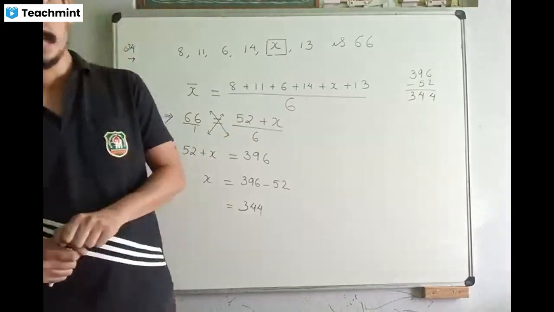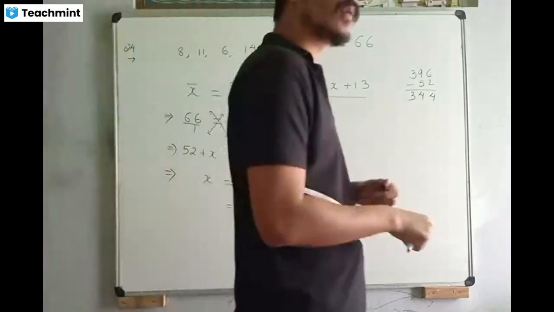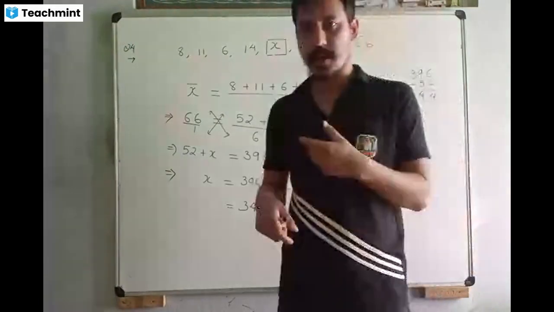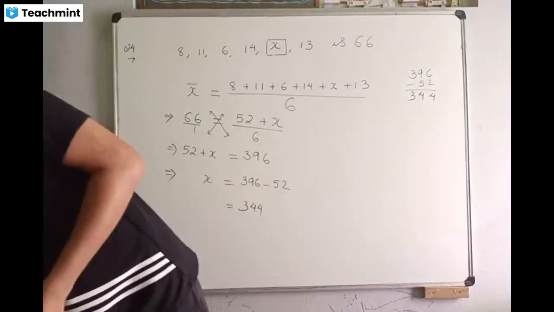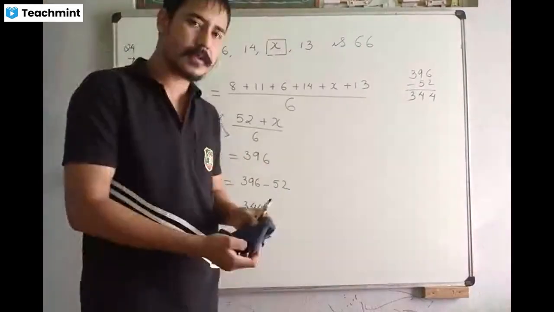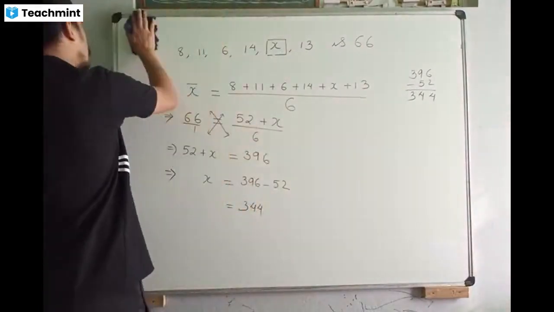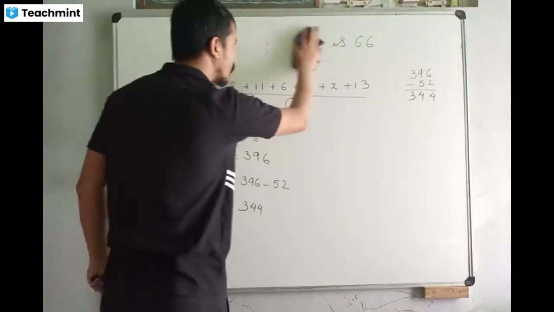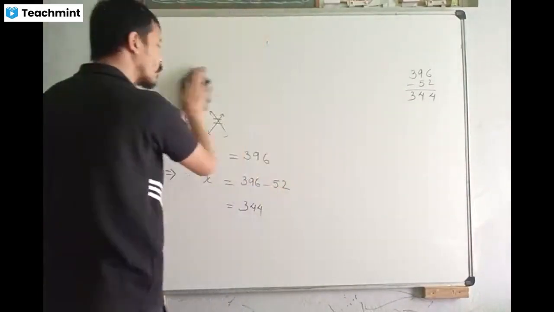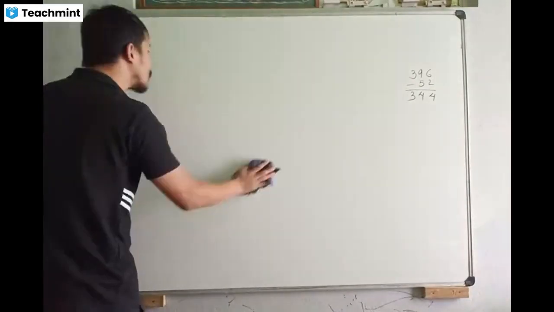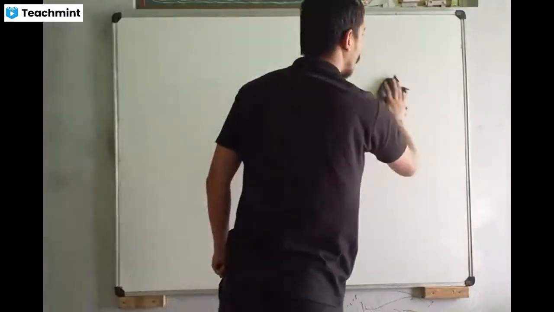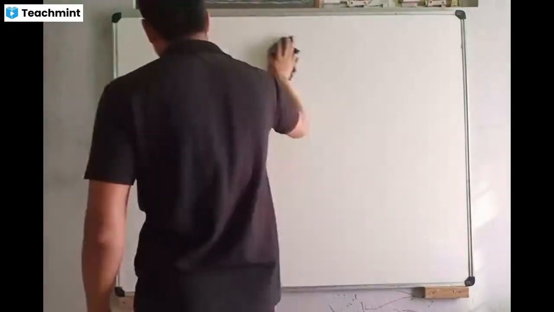Now we shall work out the problems related to grouped data. For grouped data, we need to study 3 methods: the direct method, the assumed mean method, and the step deviation method.